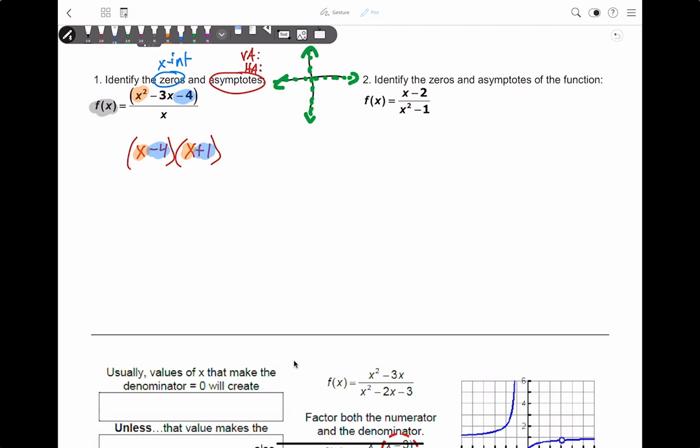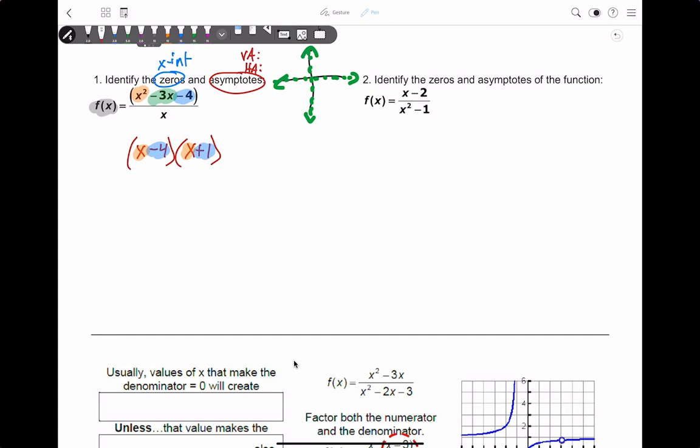And then this negative 4x and this positive x will result in a negative 3x, which, of course, is my b term that you see here. If you need to go back to previous units to review, we definitely encourage that to make sure that your factoring is on point.